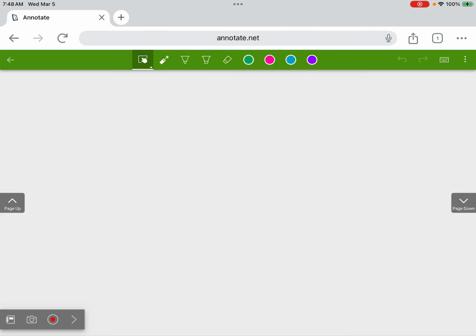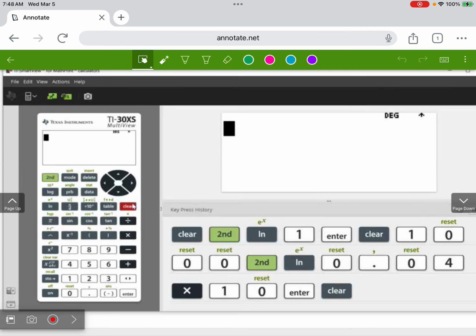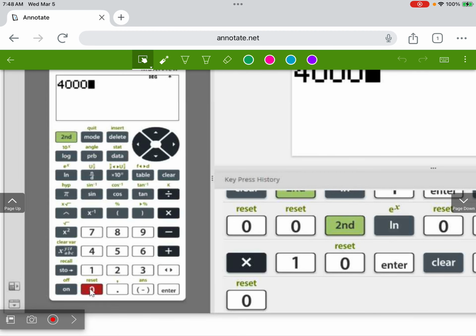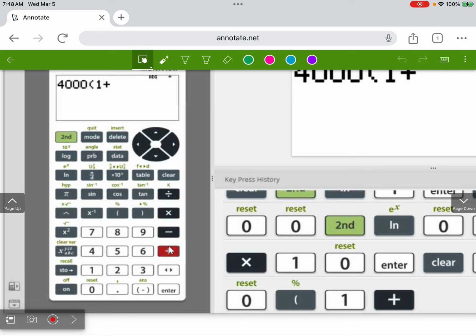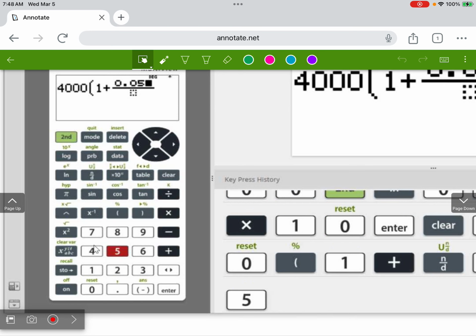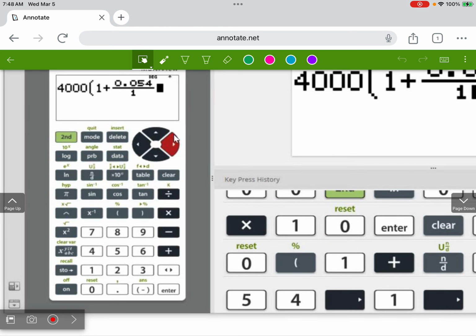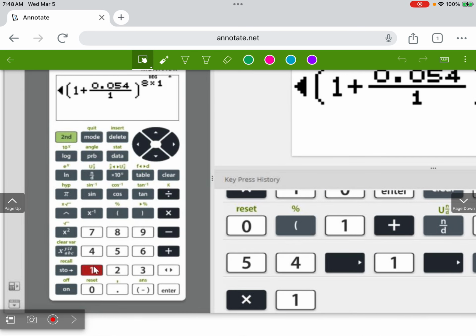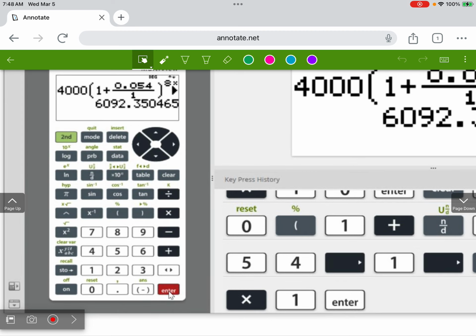So on our calculator, we can do this by putting in our 4,000 times our 1 plus the fraction, second button, third column down. That has our 0.054 over 1. Close it, and we're raising it to the exponent of 8 times 1. We can type it in just like this.